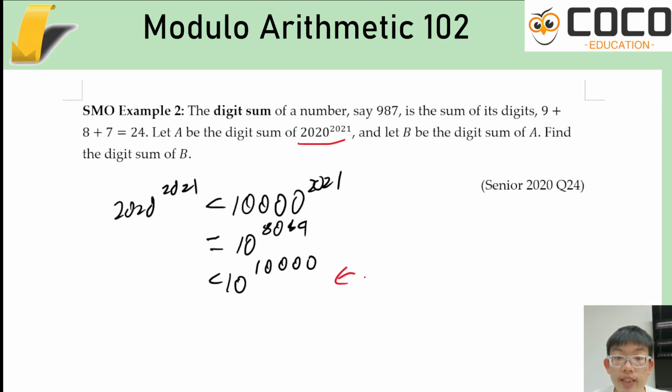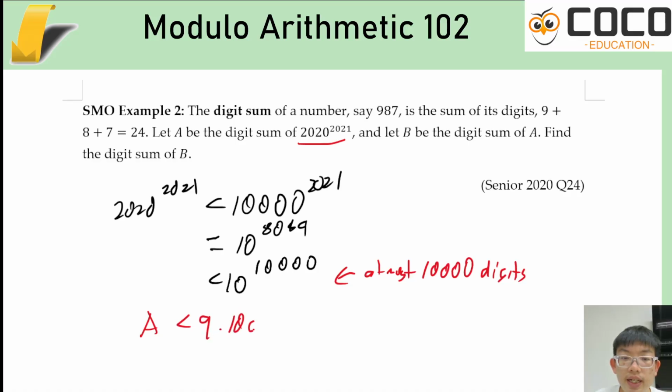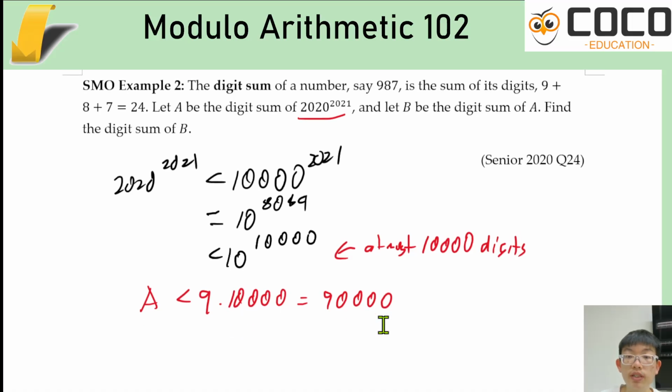That just means that it is at most 10,000 digits. It does not sound like a very smart thing that we are saying, but you realize that this means that my A is less than 9 times of this, which is very small, at least compared to what we thought it might be. Now this is already a terrible estimate, but it means that from this big number, A is just at most a 5-digit number.